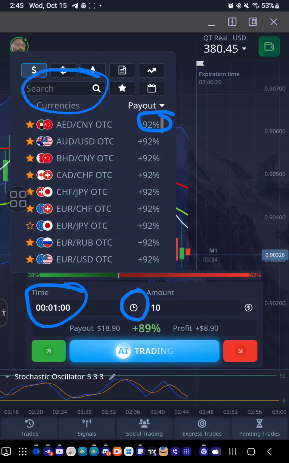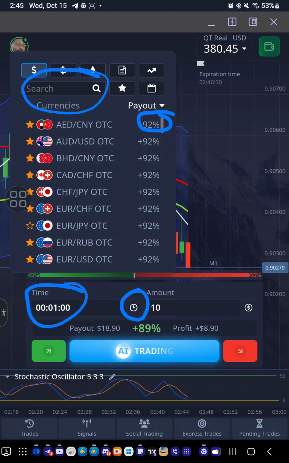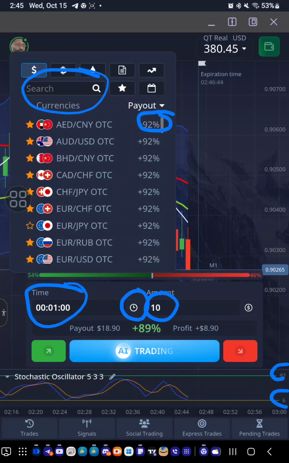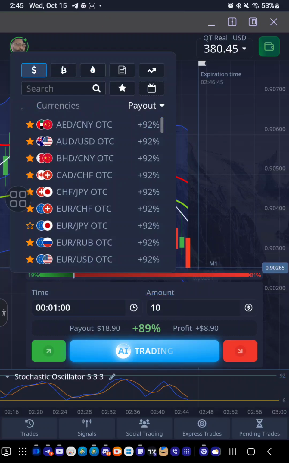Make sure this is not showing like a flag. I'm going to show you what I mean. Make sure it's showing the clock thing. And this is the amount of money you're going to be trading. And again, this is your 92 for the stochastic, and this is the 6 for your stochastic.